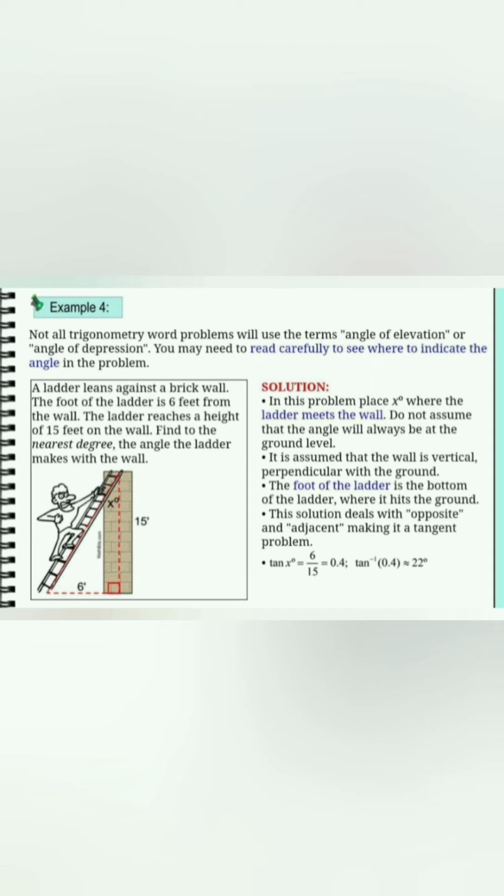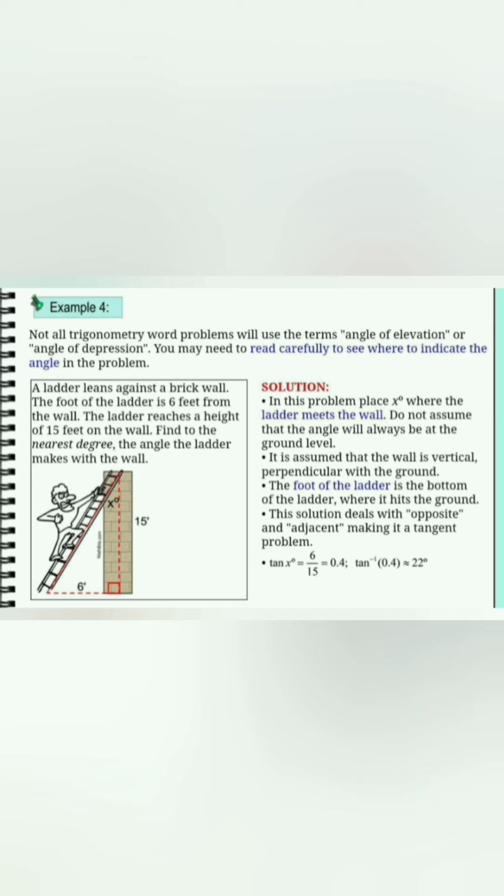Now we have to label x degrees as the angle that we have to find. After we sketch the triangle, we can know that 15 is the adjacent of the x angle and 6 is the opposite of the x angle. Then we can apply the formula tangent equals opposite over adjacent.